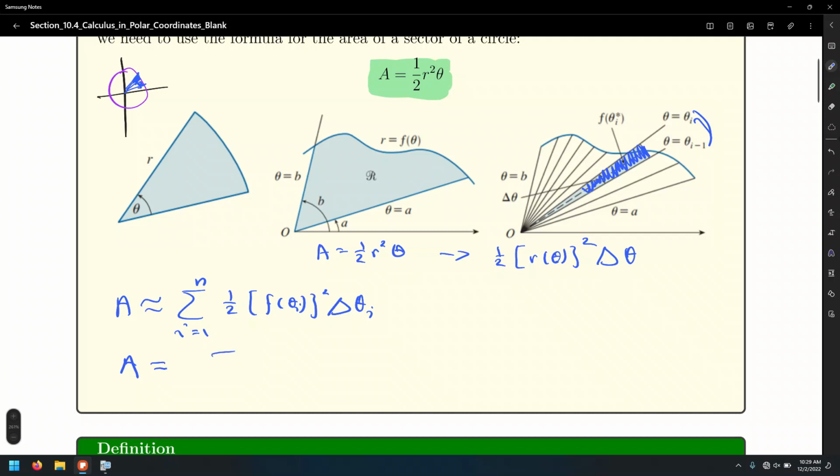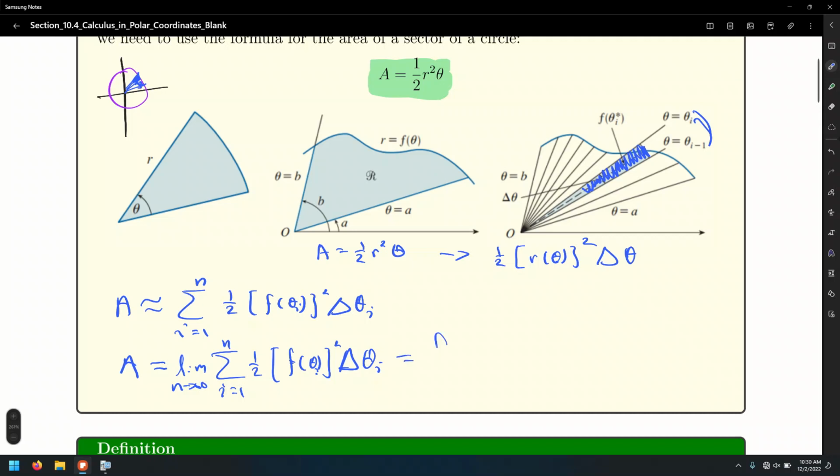In this case, we'll take that sum and take the limit as n approaches infinity. Well, that's going to calculate the area of infinitely many sectors in polar.